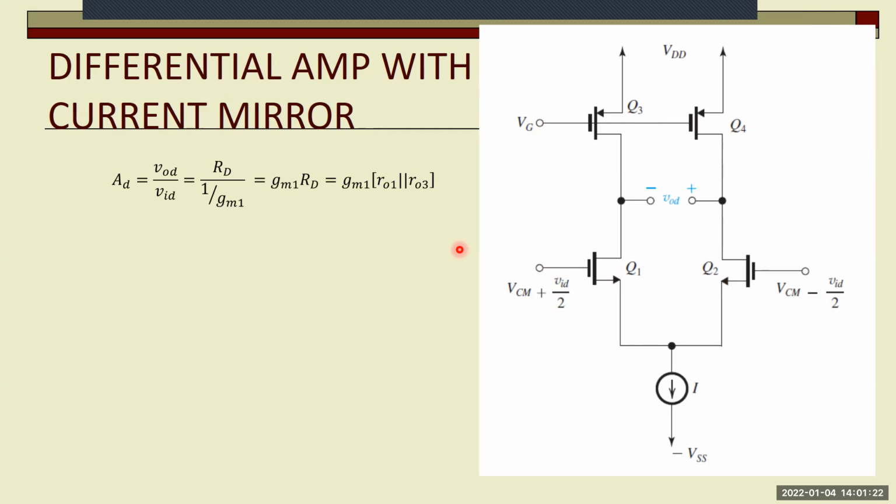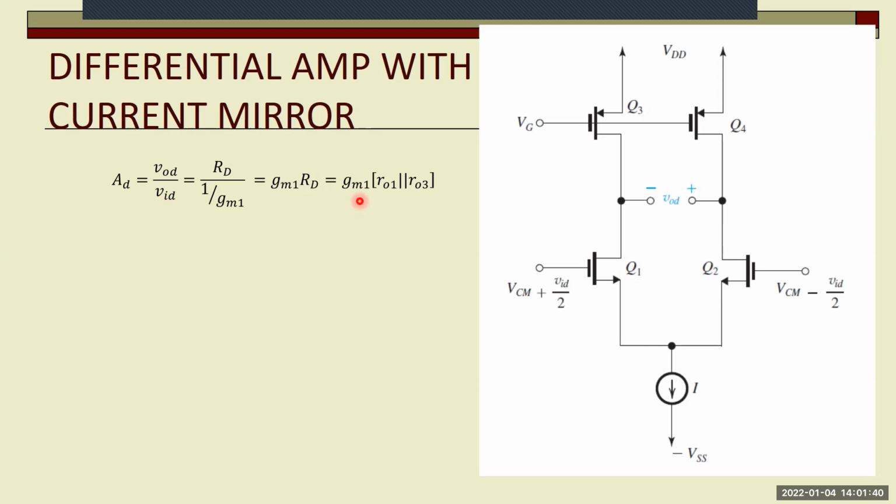The differential gain is then a function of a few things. Since these two are identical, their GMs are GM1.